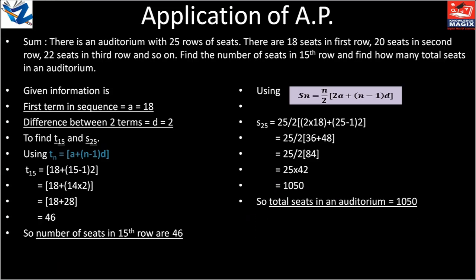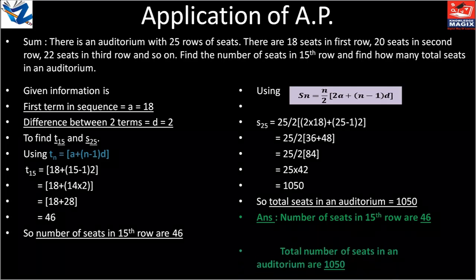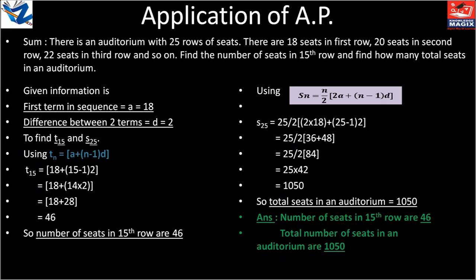So total seats in an auditorium are 1050. Answer: number of seats in 15th row are 46. Total number of seats in an auditorium are 1050.